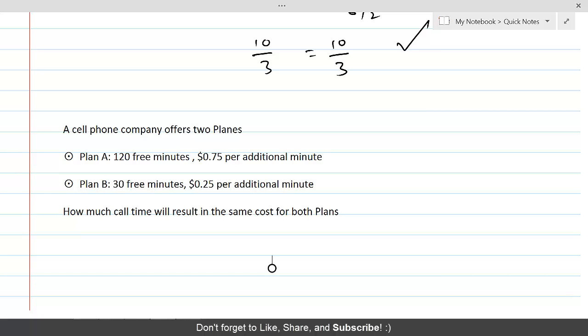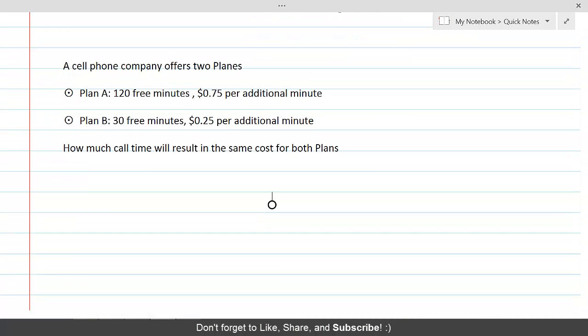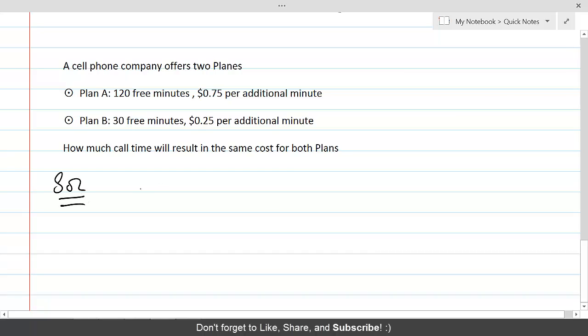For plan B, what we have is 30 free minutes, but every additional call per minute will be charged at 0.25 per additional minute. So in this, first we are going to model the equation, then we need to solve it, and then we will verify the solution. So here, for writing the equation, let's model this situation.